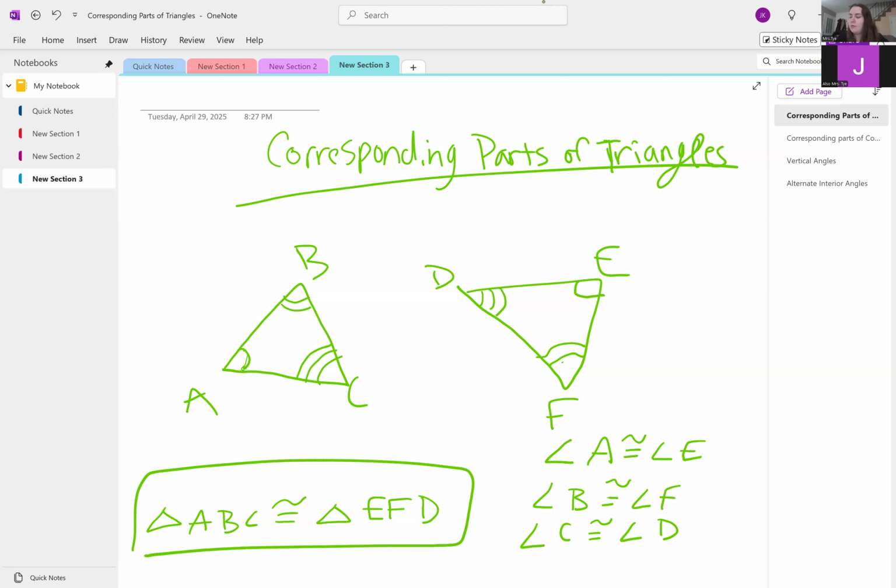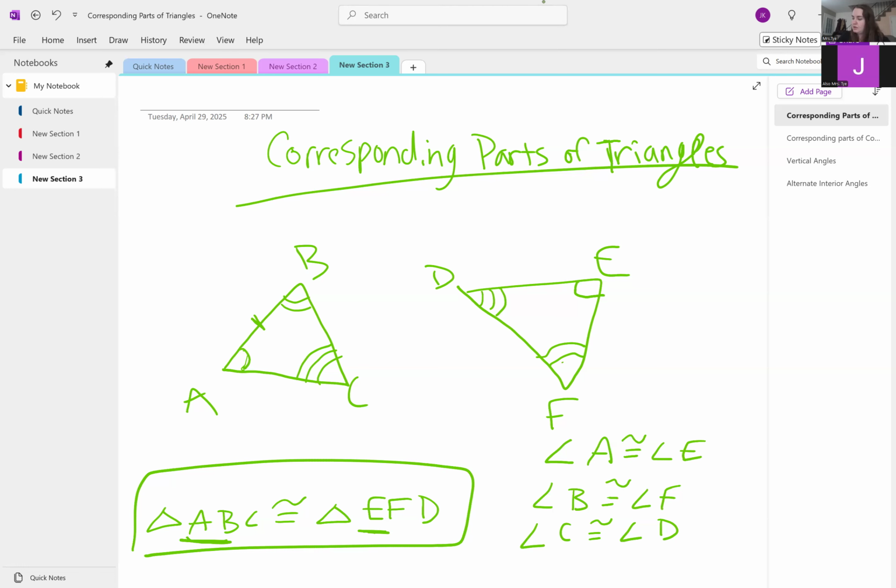Let's also write some congruency statements about the side lengths. So side length AB, if we're looking at AB here, that's going to be congruent to EF. So we're not going to switch AB and then make it FE. AB and then EF are the same.